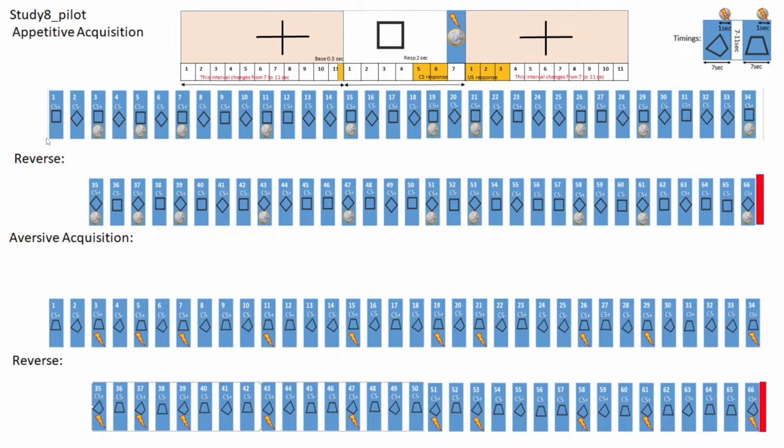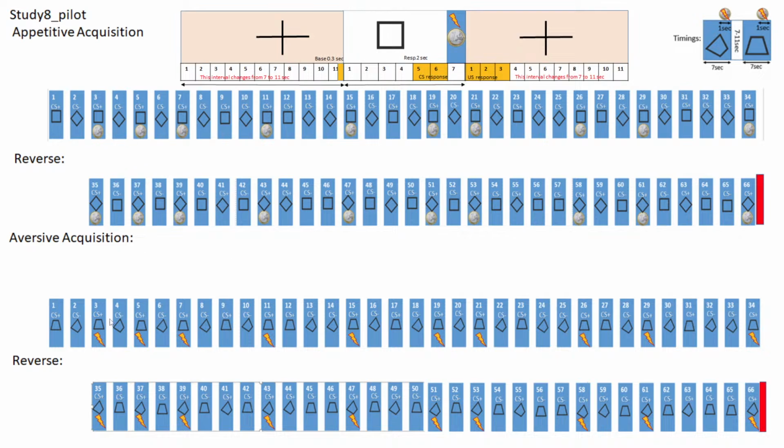But what we've done is added 2 additional unreinforced trials, one CS plus and one CS minus, at the beginning of conditioning. They were not analyzed, they were just added because people have higher responses at the start. So it's a second small habituation phase between the habituation and the actual initial and reversal conditioning.